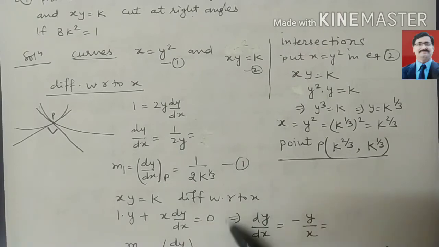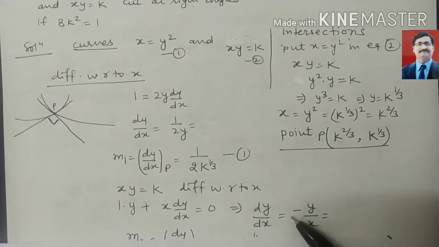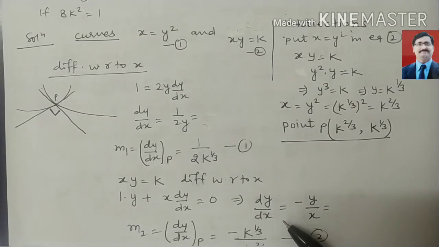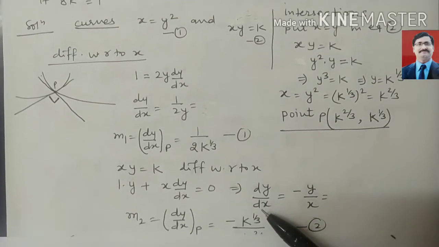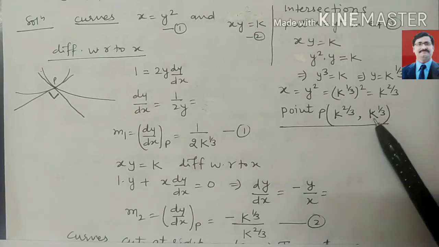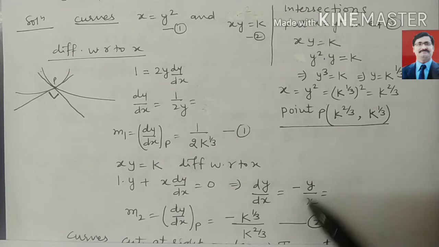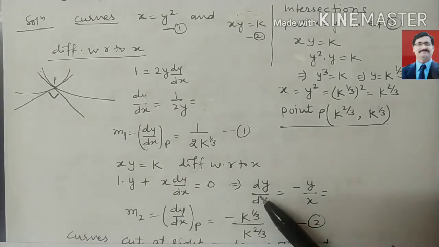Now we put the values of x and y to get the slope of the second tangent. m2 is equal to dy by dx at point P, so in place of y we put k power 1 upon 3 and in place of x we put k power 2 upon 3. So m2 is minus k power 1 upon 3 upon k power 2 upon 3.